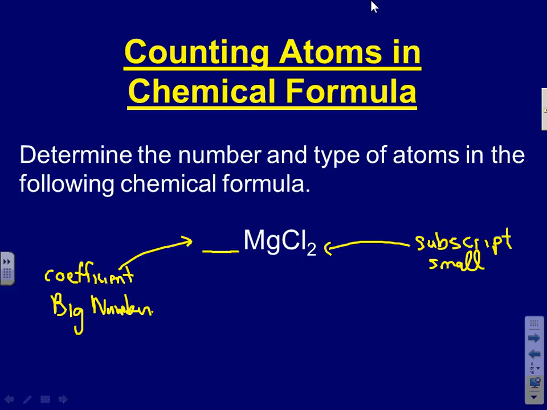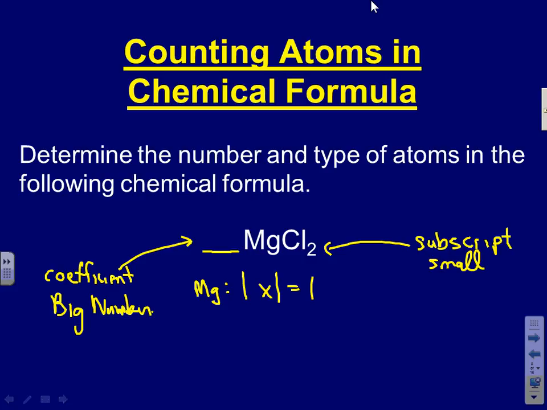So this is the way I like to do it. Underneath, I like to write down magnesium. That's the atom that I'm working with. I want you to write this down at this point, right? And magnesium has, in this case, it's going to have 1 times 1 equals 1.